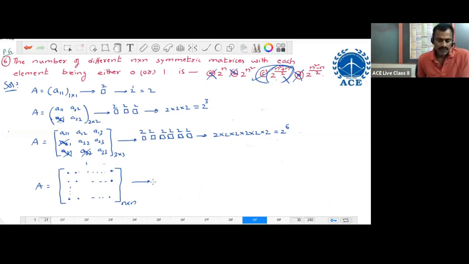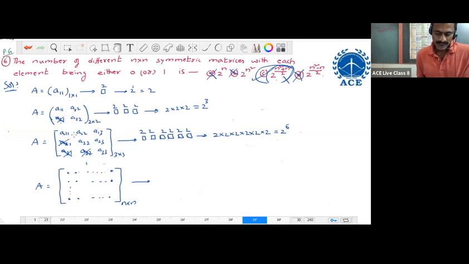In the first order, there is 1 different position. In the second order, 3 different positions. In the third order, 6 different positions. Like that, if we can find the number of different elements in the nth order, we can write the answer directly. By verification, or in this way, we can find it. Now see this. In the second order, along the first row we have 2 elements, along the last row we have 1 element, so 2 plus 1 is 3.